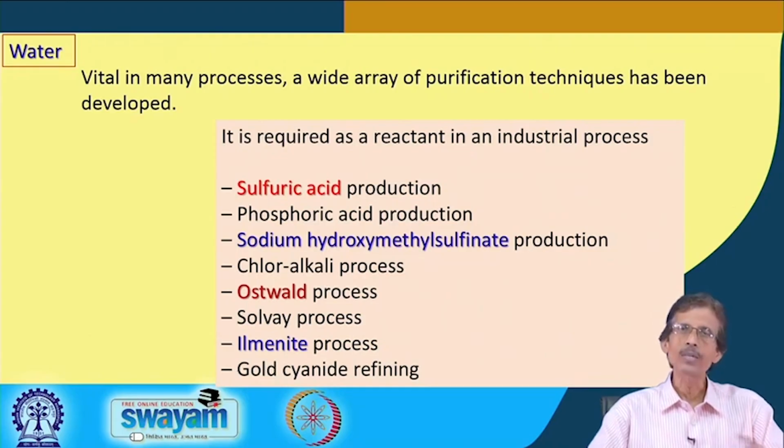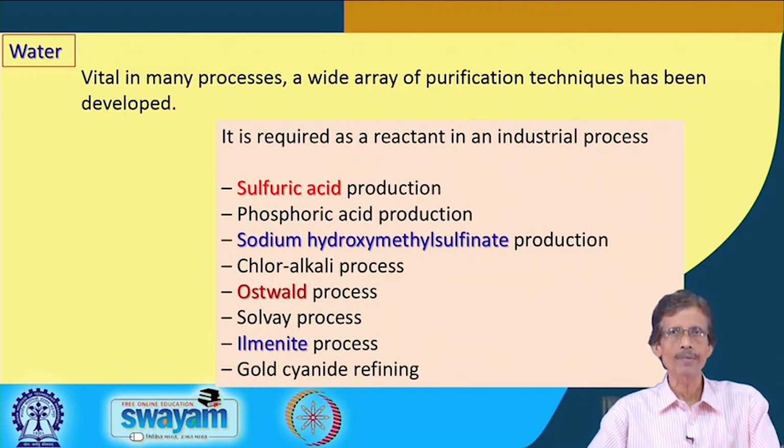In that sulfate molecule we have in our hand, one of the oxygens still comes from the water molecule, because we have used sulfur trioxide and the other oxygen is given by the water molecule.